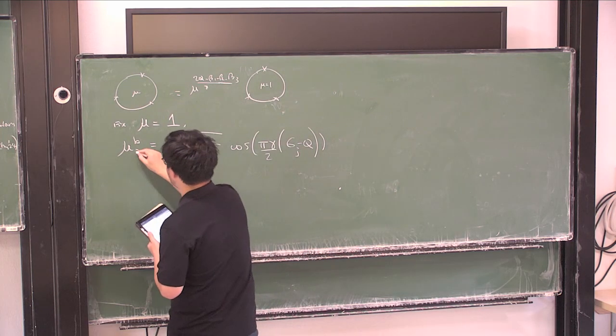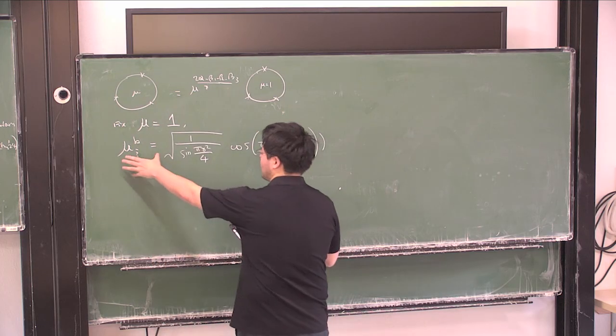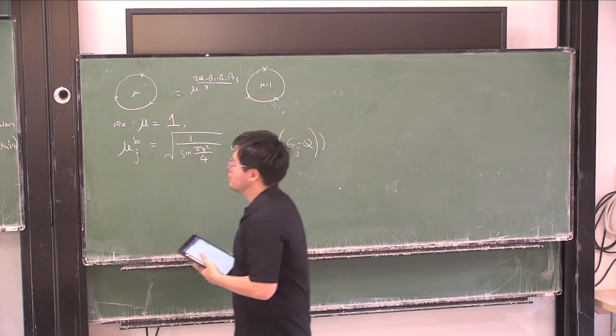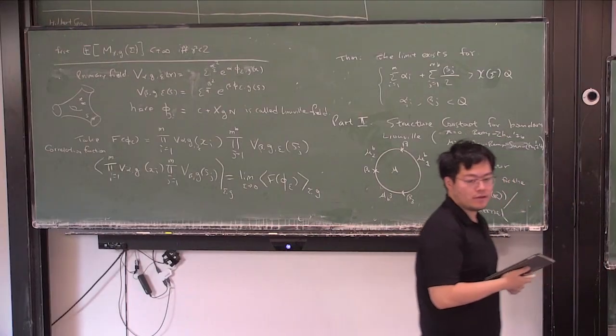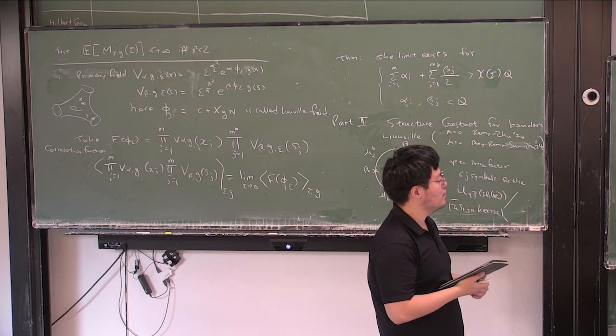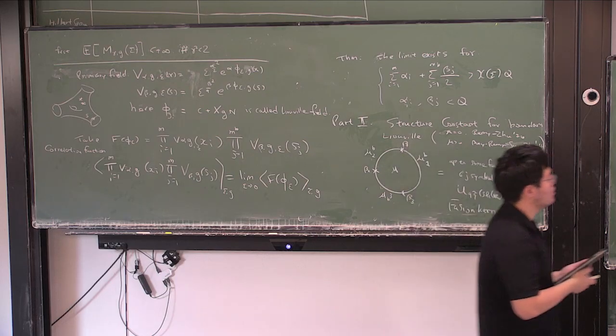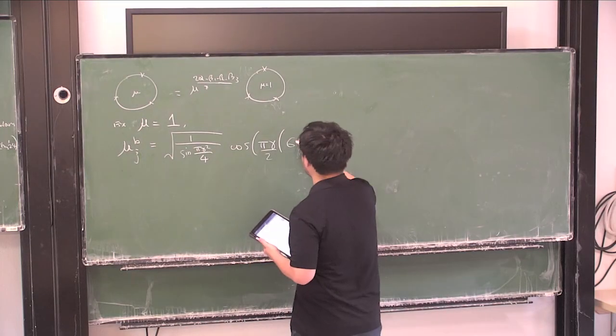I use this sigma_j to parameterize this mu_bj. Then this one. Sorry, what's written here? Pi gamma divided by 2, and the brackets, I don't know what's the symbol. This is the sigma as a function of sigma.